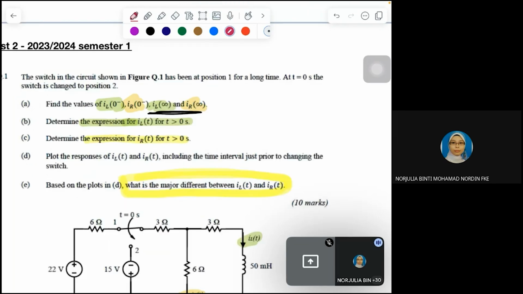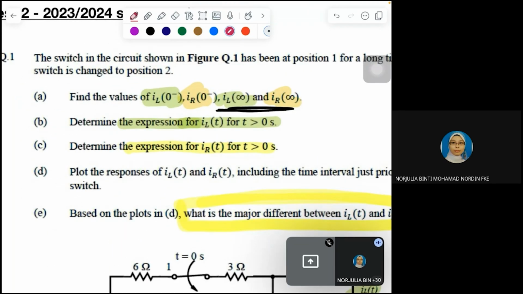In question B, the question requires you to come out with the expression of IL for t greater than 0. It means that this question requires you to write down the complete expression of the inductor current.